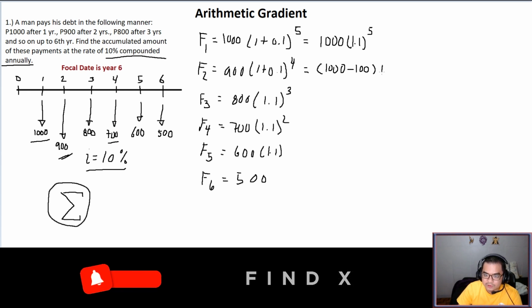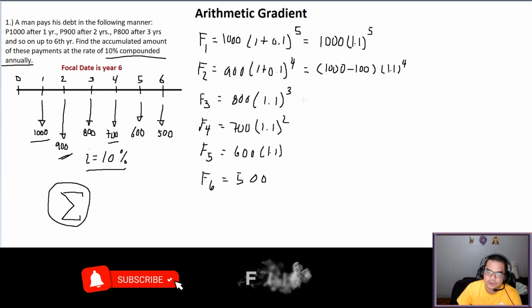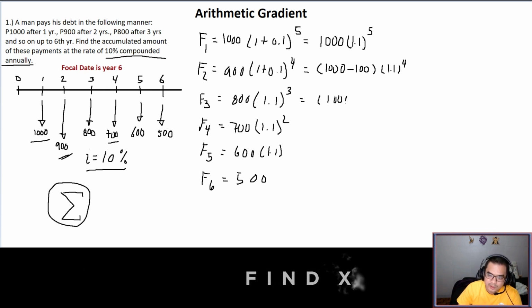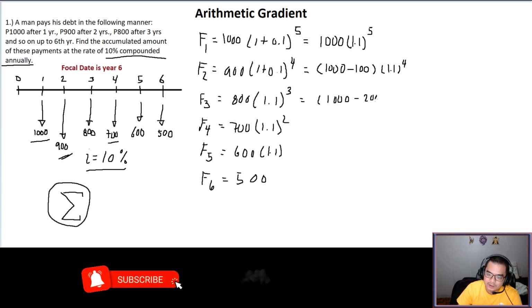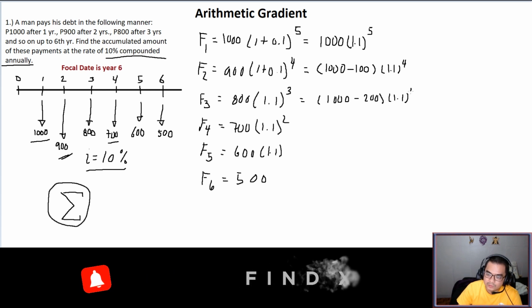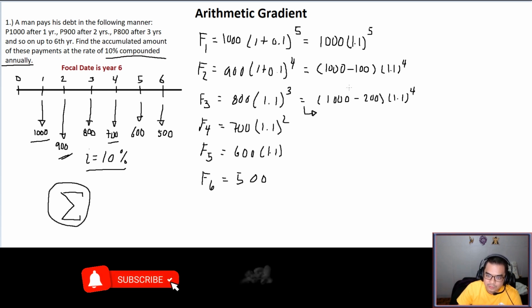Okay, so this is times 1.1 raised to 4. Next, this will become 1000 minus 200 times 1.1 raised to 4. Or we can also rewrite this part to make it look similar to this.